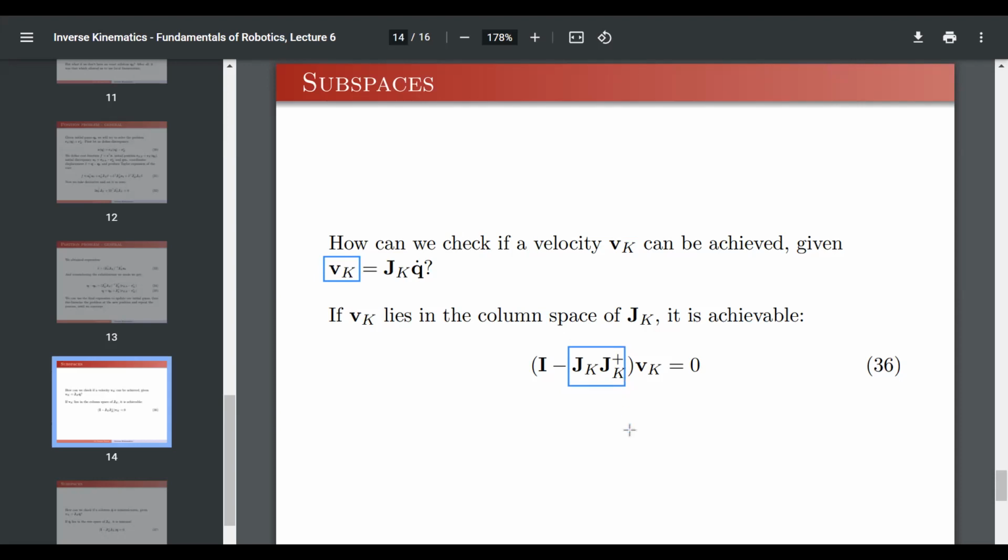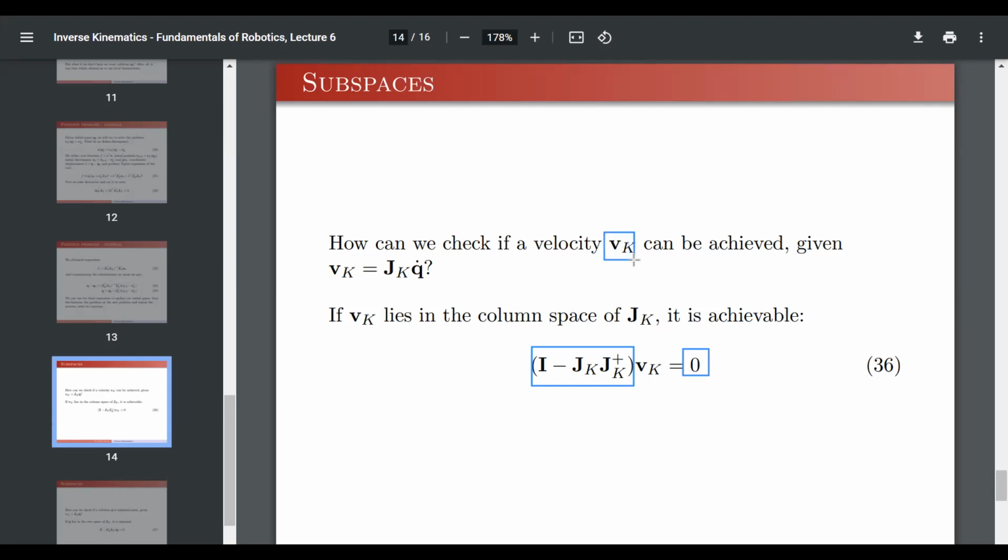There is a projector to the column space. We have seen it today, I think, twice. So I minus this guy will be the projector onto the left null space, the orthogonal complement of the column space. So we project V onto the orthogonal complement of the column space, and we require that this is equal to 0. That is the check.